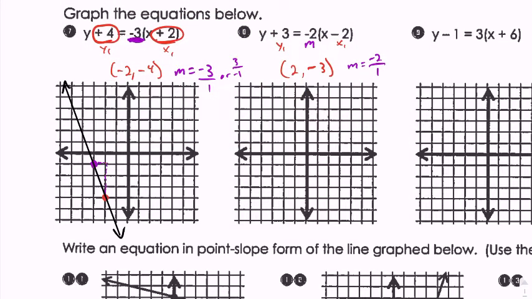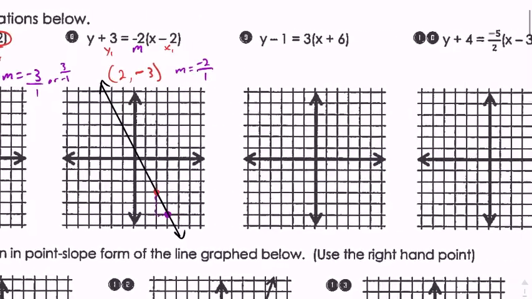So plot the point 2, negative 3. Follow your slope, down 2, right 1. And draw your line. And there you go.